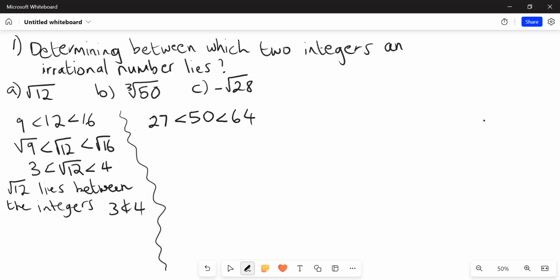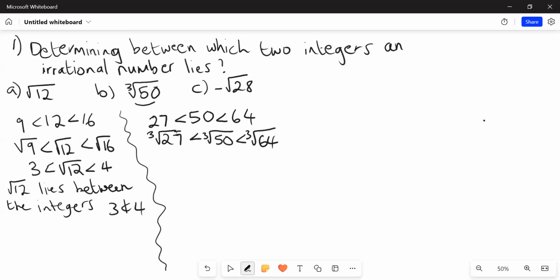From here, remember they gave us the cube root of 50. So we must create our cube root of 50. We need to write, or actually have, a cube root of 27, a cube root of 50, as well as a cube root of 64, right?